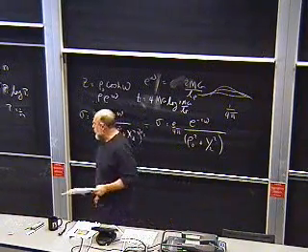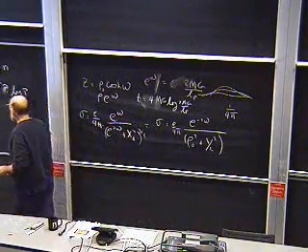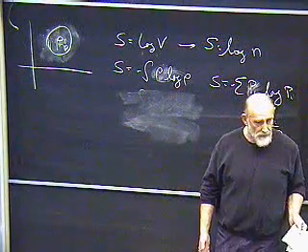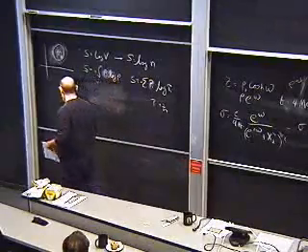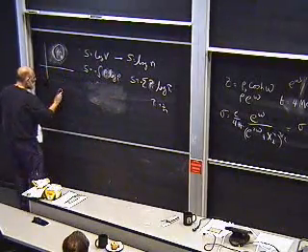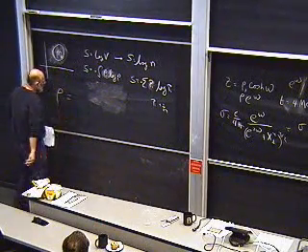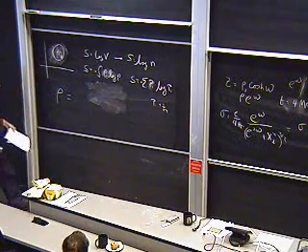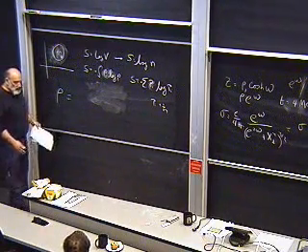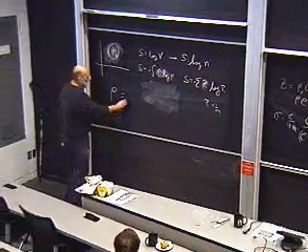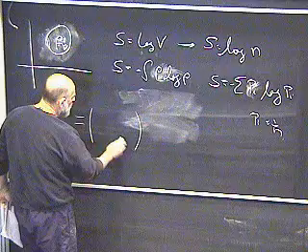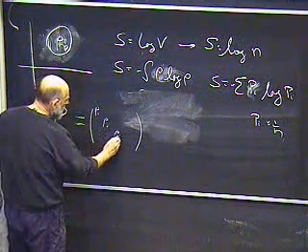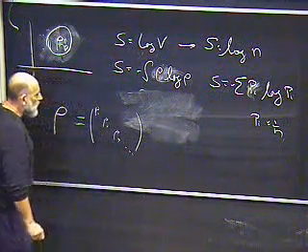Now, in quantum mechanics, the density of probability here is replaced by the density matrix. What is the density matrix? Whatever it is, it's a Hermitian operator. It has trace equal to 1, and it has eigenvalues which are all positive: rho 1, rho 2, rho 3, and so on.